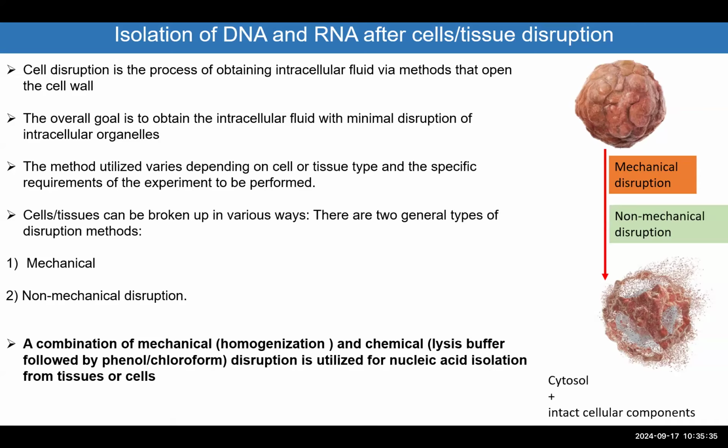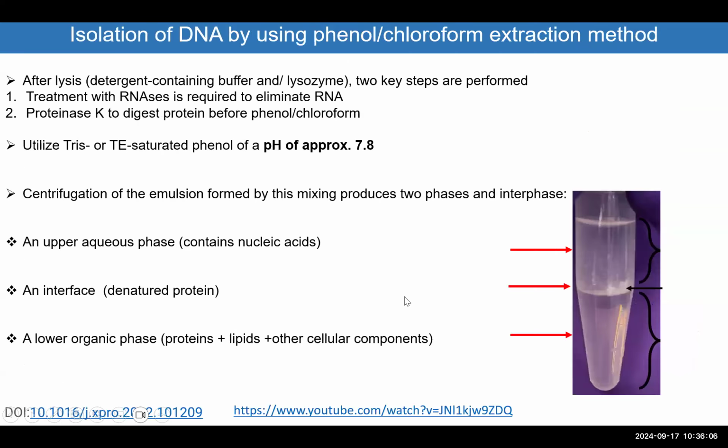In this particular lecture, we are doing a combination of mechanical, which is homogenization, and chemical lysis, which is a lysis buffer followed by phenol chloroform, in order to isolate nucleic acid from cells or tissues. So this is a practical example to show you that we have to combine these disruption methods in order to get macromolecules like DNA or RNA for downstream experiments.